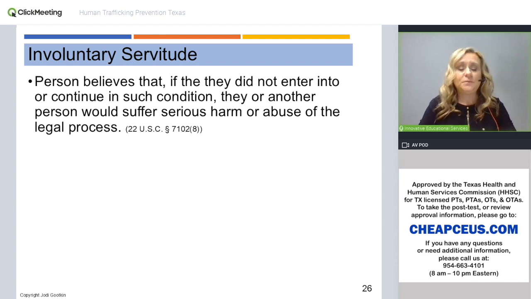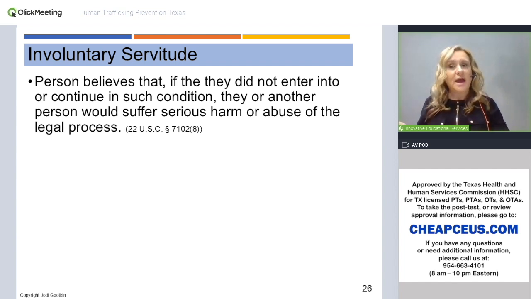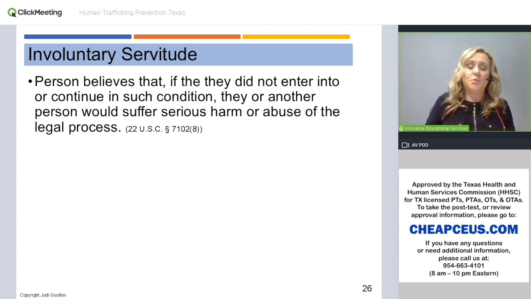Involuntary servitude is one type of situation someone who's being trafficked may find themselves in. Individuals are under extreme psychological and emotional control. They believe that they truly have no other option but to remain in the trafficking situation because something worse will happen to themselves or someone else.